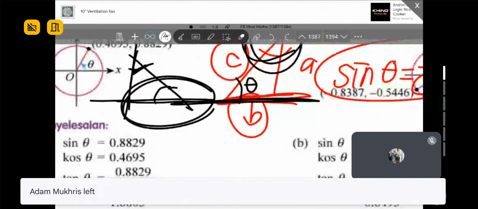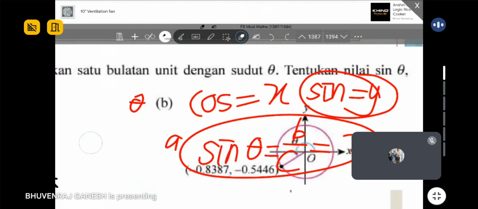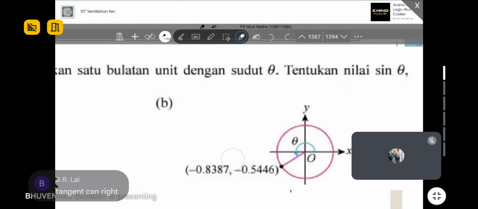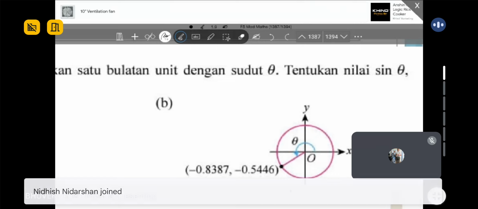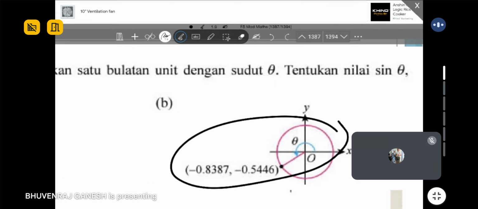So for question B, can you all try and look at this question over here? What is your cos theta, guys? Yes, tangent, no matter what, is always y over x. Negative or positive depends on the chapter. If you're learning this one, then you must check whether it is positive or negative. So anyone, cos theta for this one, what is the value?